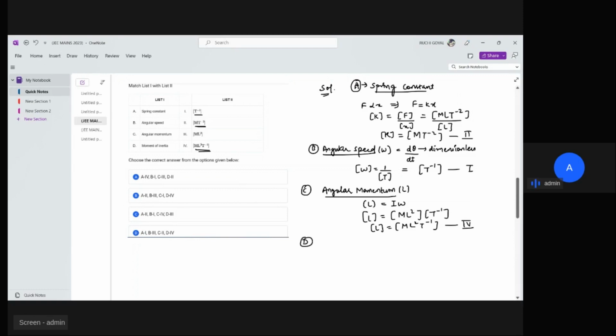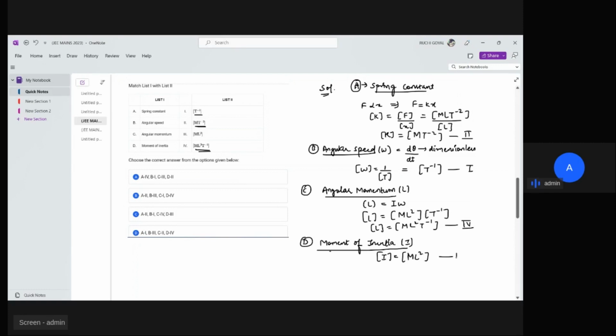Now D is moment of inertia. This is I. So we have to calculate moment of inertia. It is an object's resistance to rotational motion, so it depends on the mass of the object and its distribution around the axis of rotation. So what is the dimensional formula of I? I have told you, M L^2. Correct.